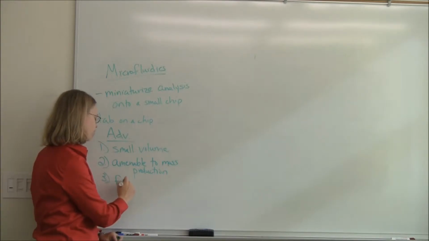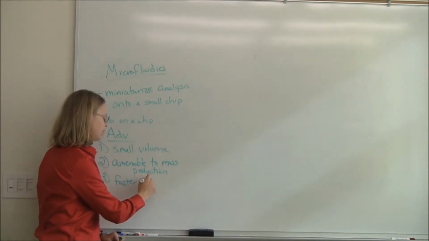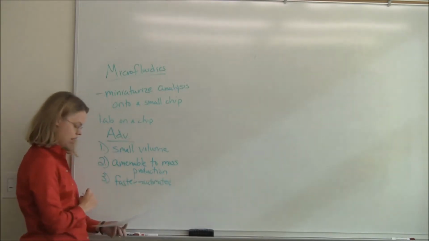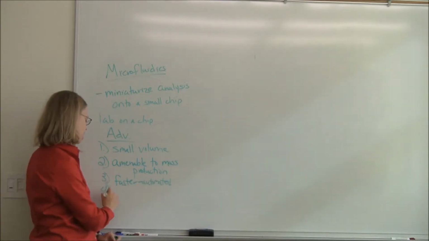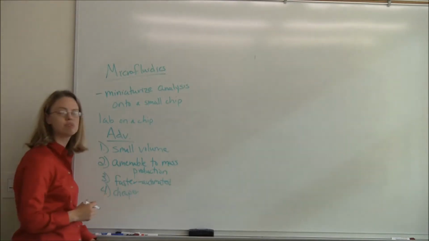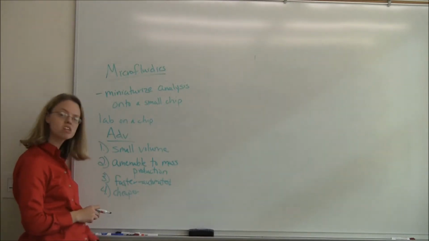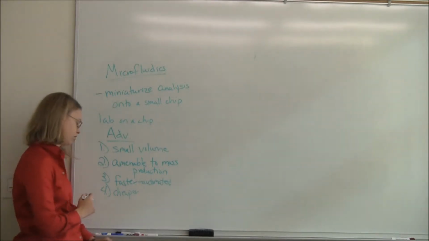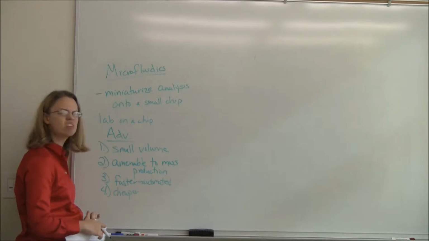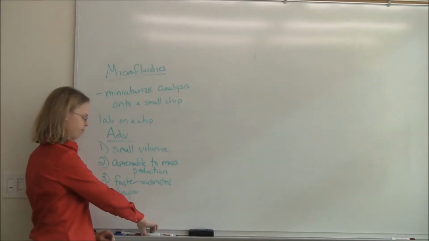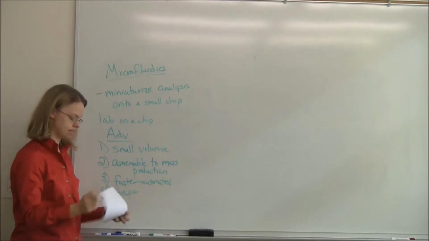They often are faster. That's because people use them for automated types of analyses. They can be cheaper. If you're using smaller volumes, you might be using smaller amounts of reagent. Again, it depends on how you fabricate them, but you can make them disposable. So those are some of the advantages of why people are moving to this type of analysis.